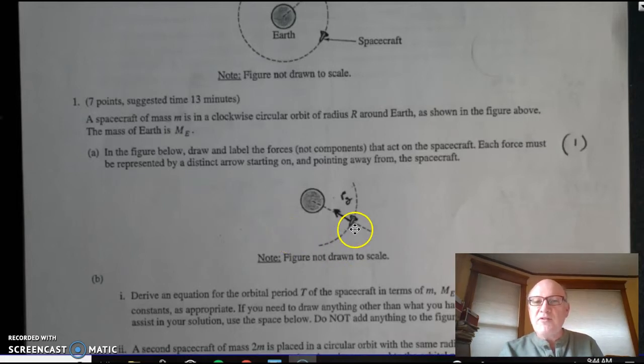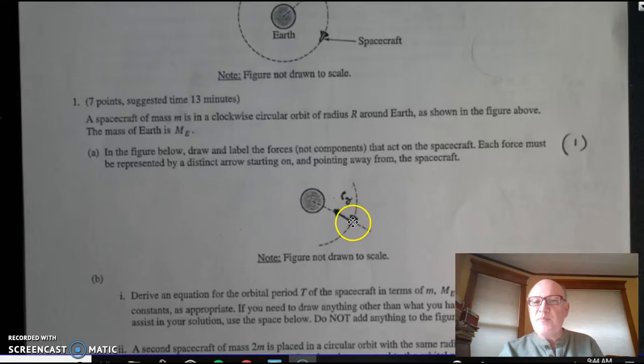Some common errors: people sometimes drew in an arrow that was tangent to the orbit, calling it velocity, which is certainly true. There is a velocity, but that's not a force. Some people labeled it momentum, which is also not incorrect, but it's not a force.